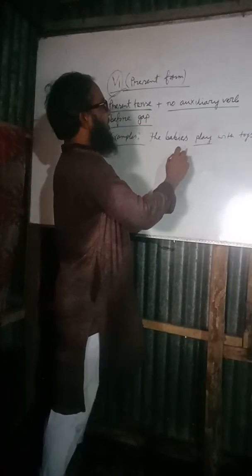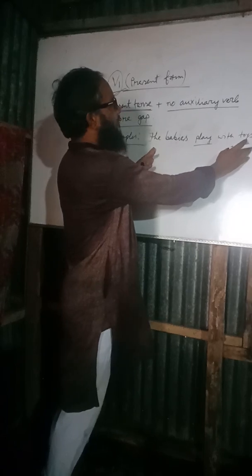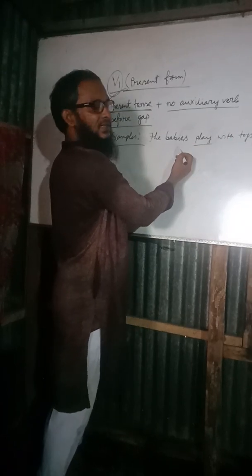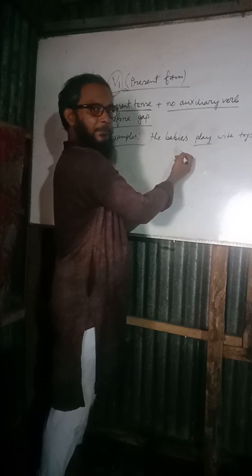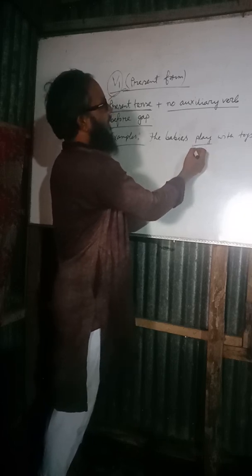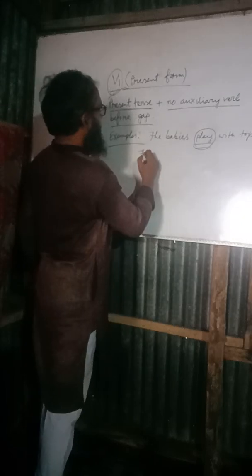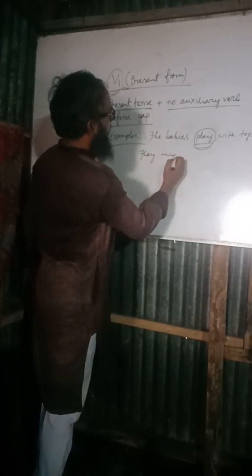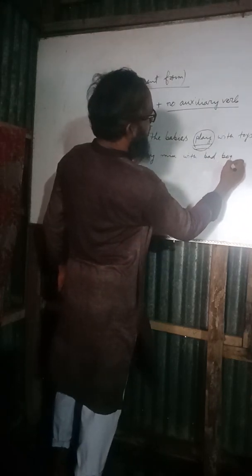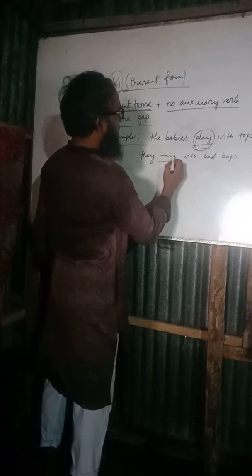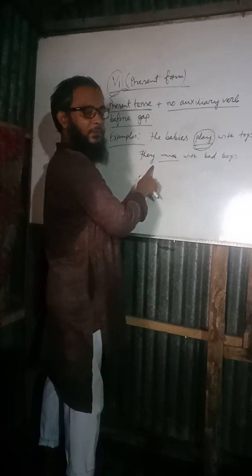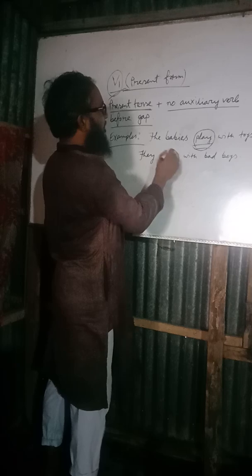There you can see that this is a part of present tense and there is no auxiliary verb before the gap, so here you can put the very present form of verb. Okay. They mix with bad boys. Mix. There is no auxiliary verb before the gap, hence V1 is used here.